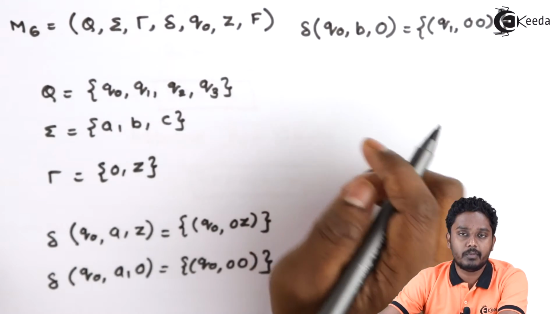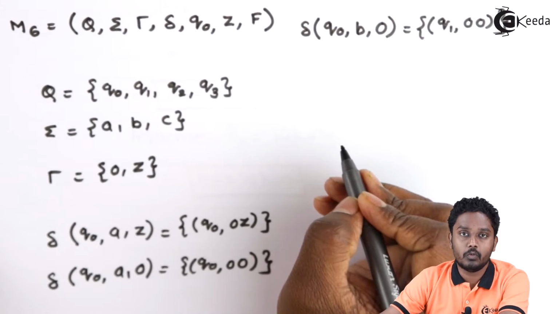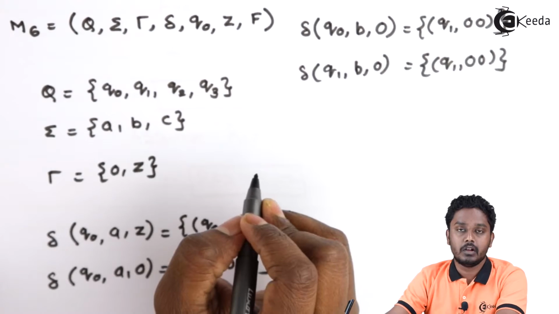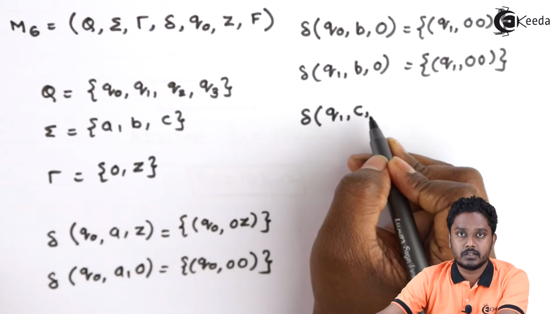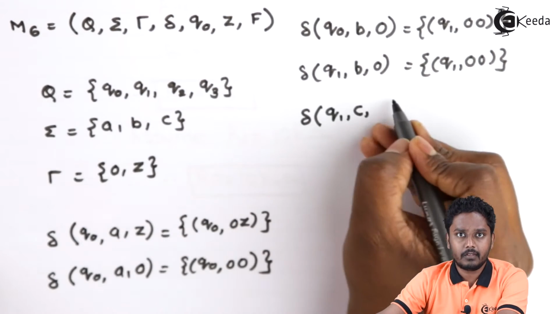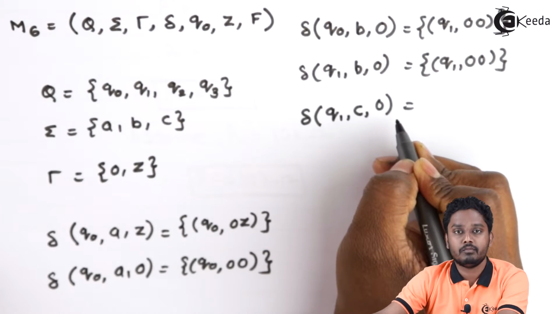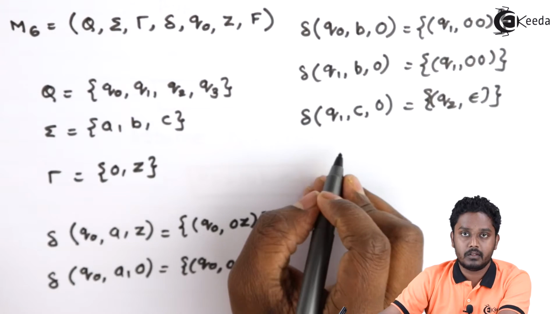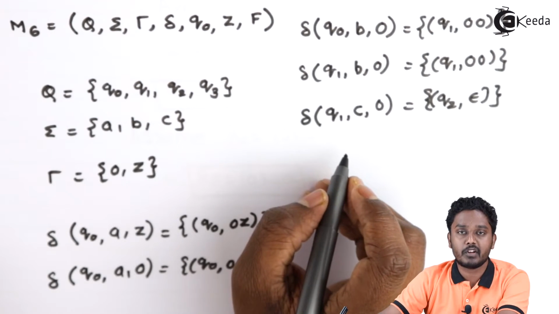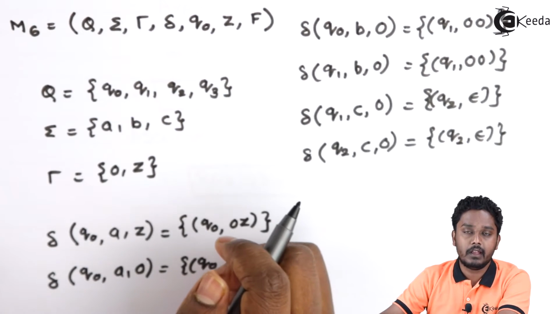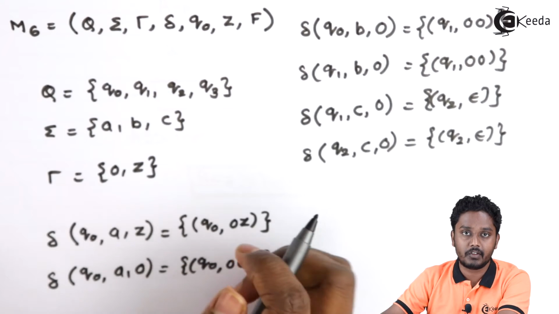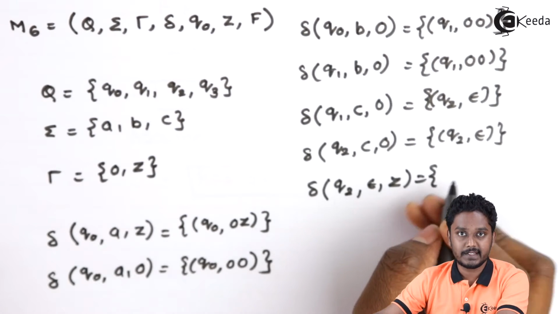Similarly, on more B's, Q1 will be pushing more zeros. On the encounter of C, we will have a transition from Q1 to Q2. 0 will be the top of the stack in that case. We will start popping off zeros. Similarly, on every C, we will keep popping off more zeros in this state. Finally, at the end of the string, we will go to the final state. Over here, Q3 is the final state.